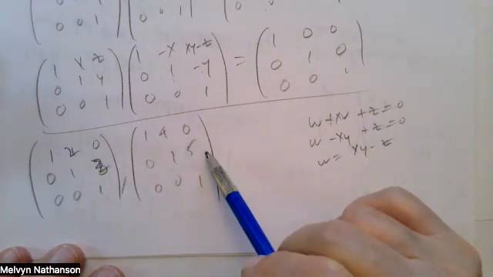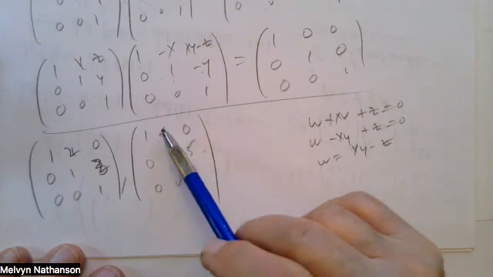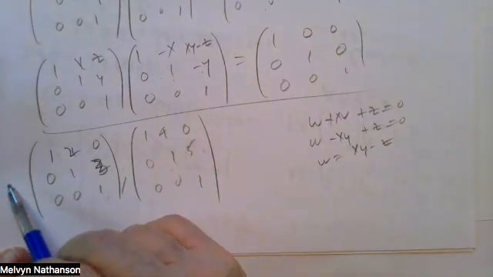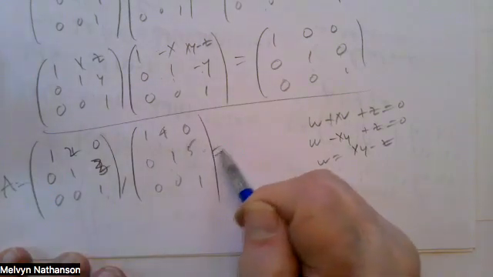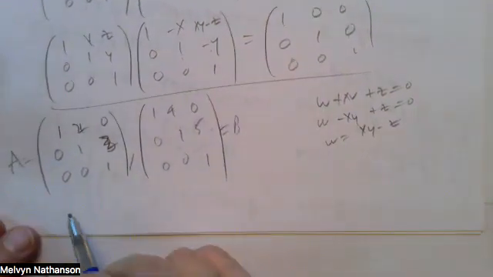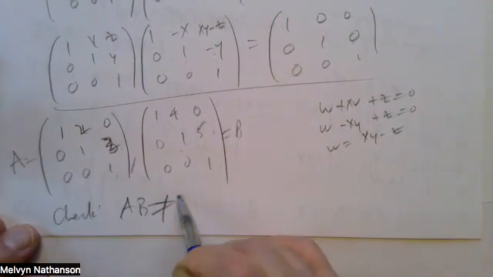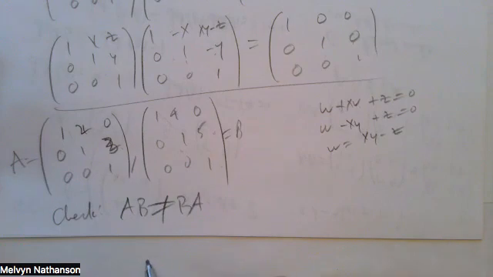And if I multiply in the opposite order, what I'm going to get in the upper right-hand corner is 4 times 3, which is 12. So if I call this A and this B, AB is different from BA. So that example, you just have to work it out, will show that the group is not abelian.